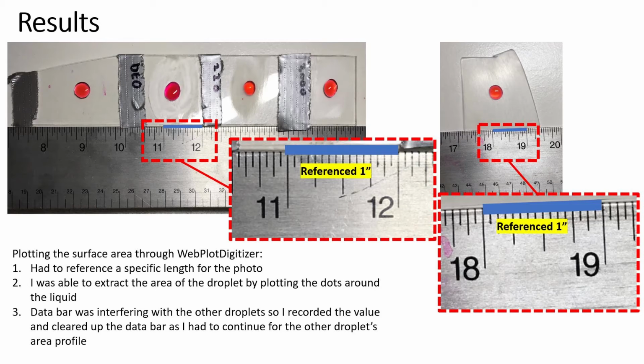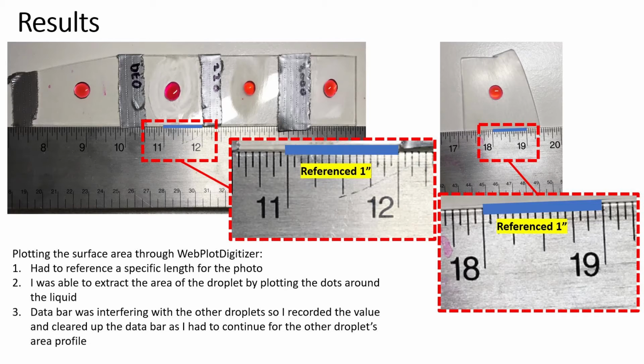Then once I was able to reference my specific length, I was able to plot out some dots around the droplet itself, which allowed me to get the surface area along with the perimeter. I didn't really need the perimeter value at all since we only wanted the area value itself. Once I got the surface area value, I noticed that the data bar that showed up for the value of my area and my perimeter was interfering with each of the droplets.